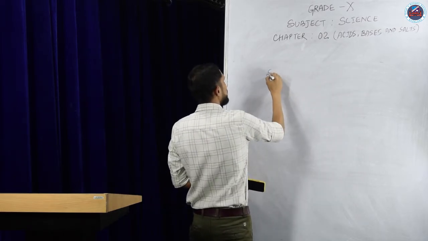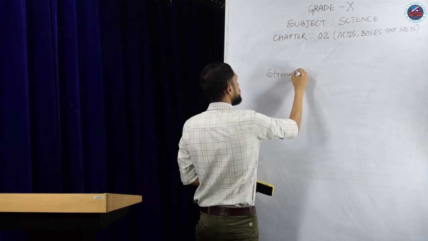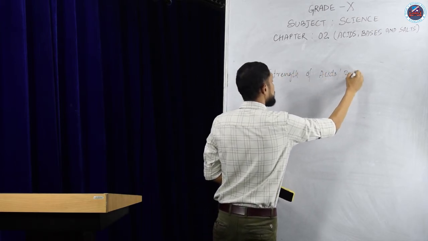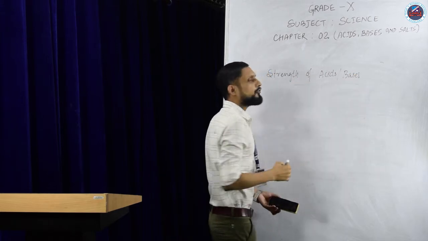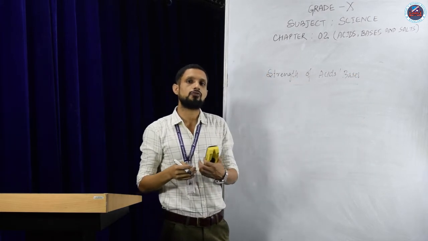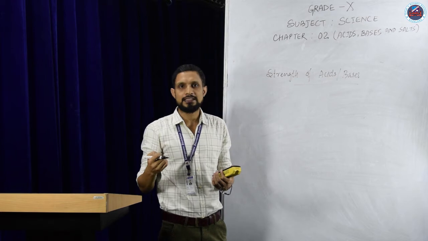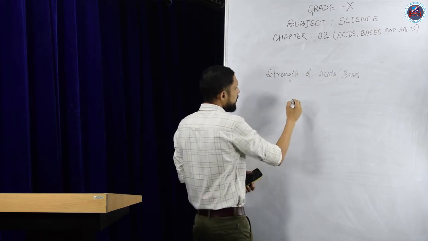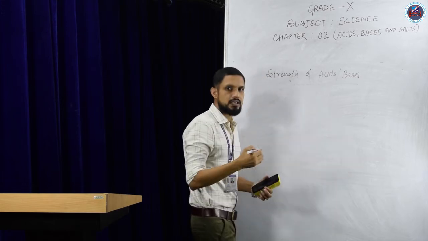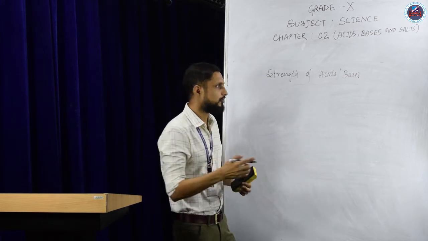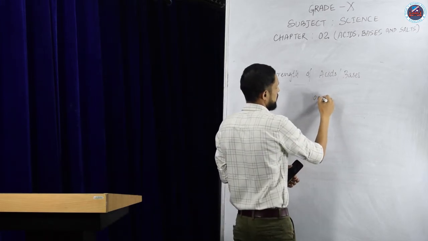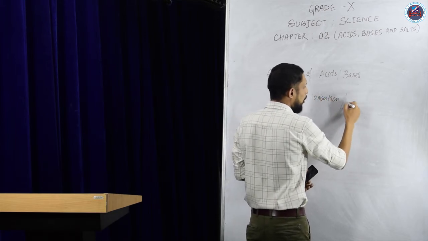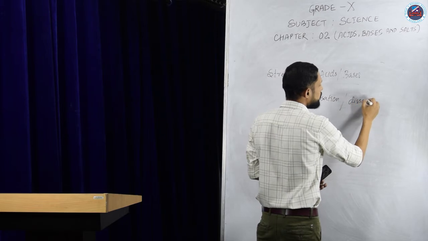Next, strength of acids and bases. Now, how do we find out the strength of an acid, like whether it's a strong acid or a weak acid, whether it's a strong base or a weak base? It depends on its tendency to undergo ionization, or you can say dissociation.